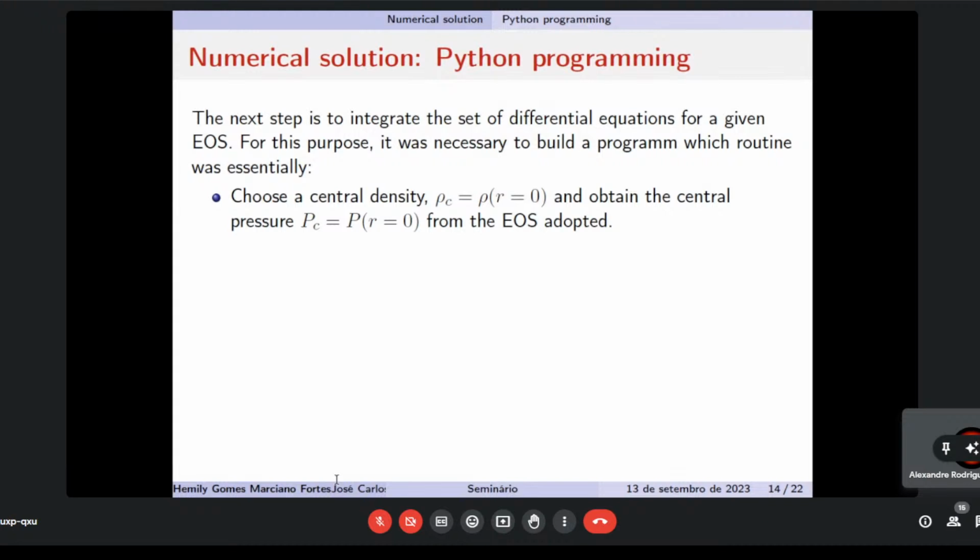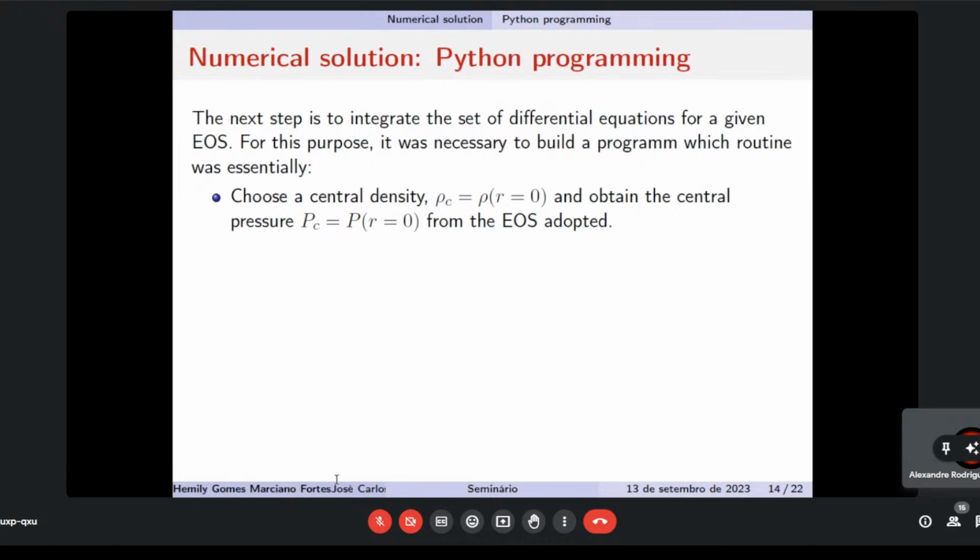Okay, so the next step is to perform the integration of the set of differential equations for a given EOS. We have some papers doing that with polytropic and also realistic ones.